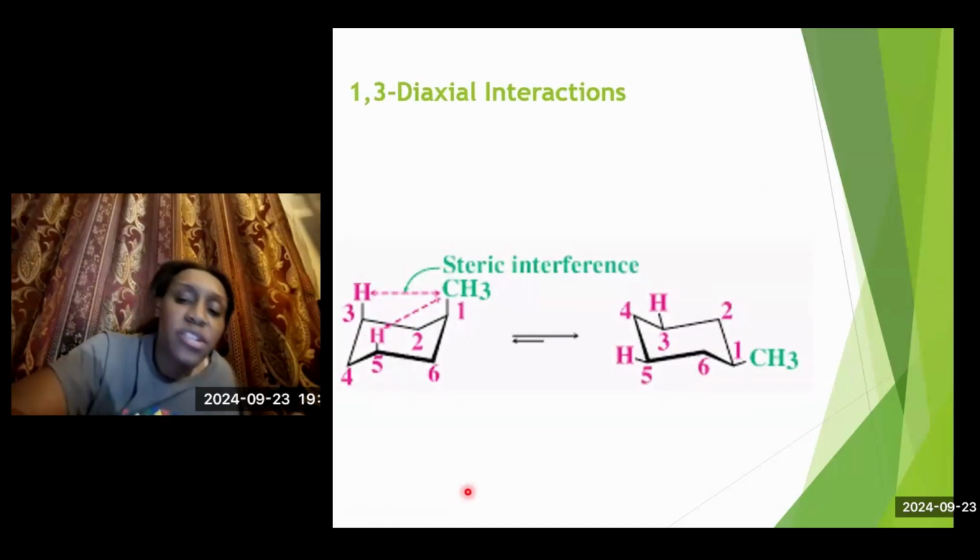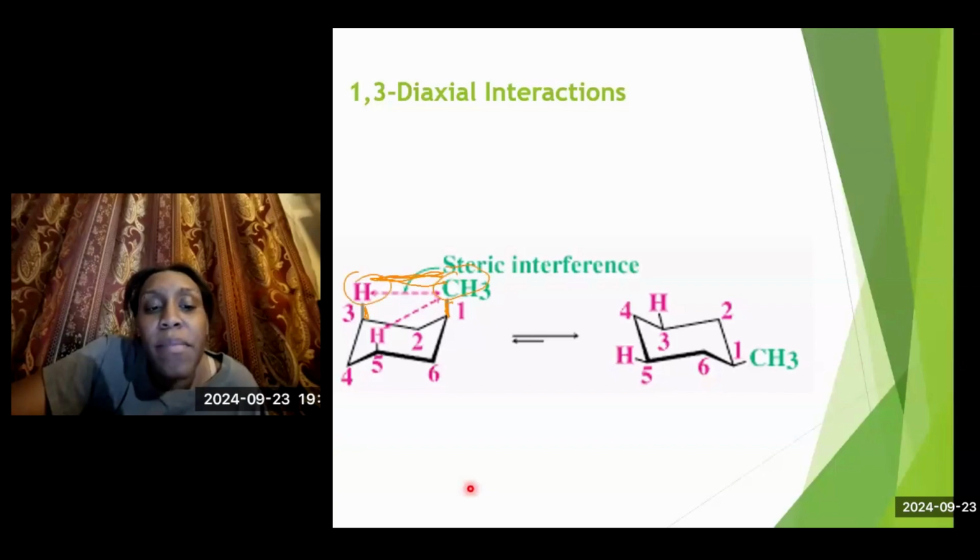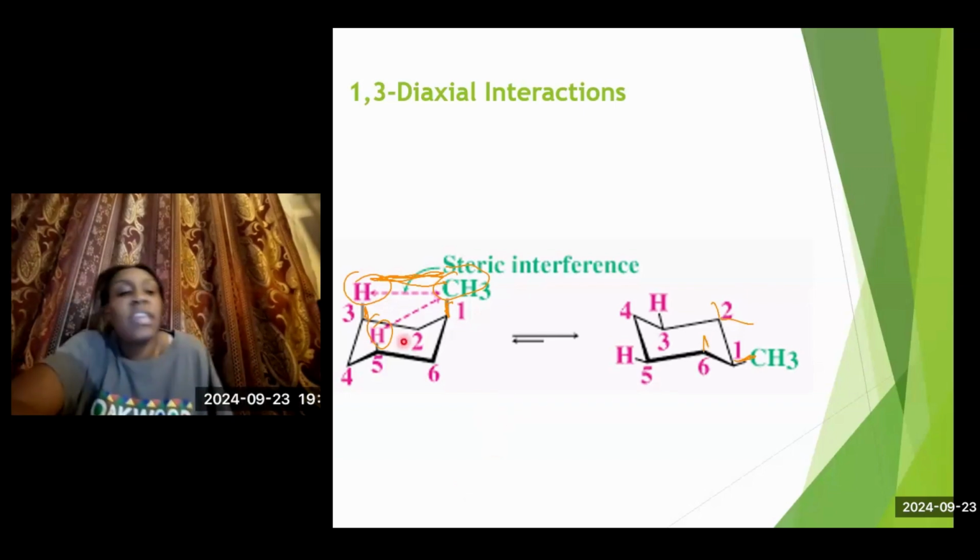Excuse me, not torsional, but steric strain. And so because this is axial and this is axial, they're eclipsing each other or they're crowding each other, forming a steric strain. However, when it's equatorial, they are in between and there's no steric strain. They're not crowding each other.